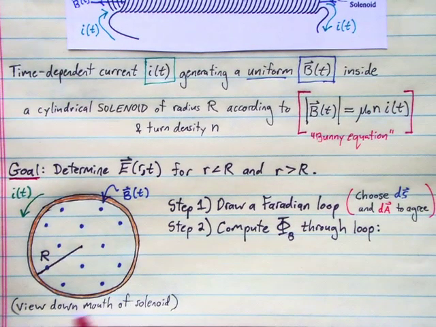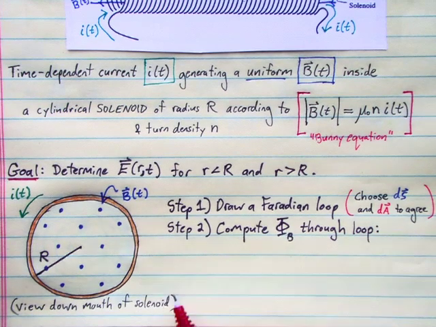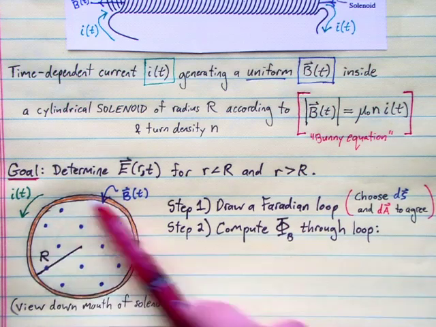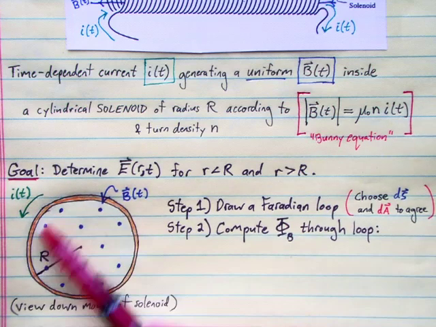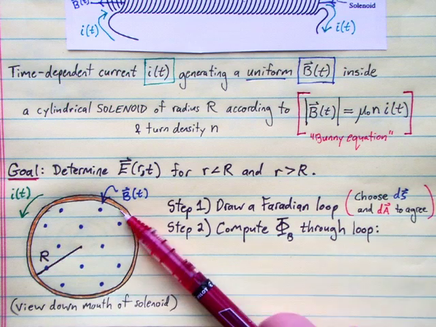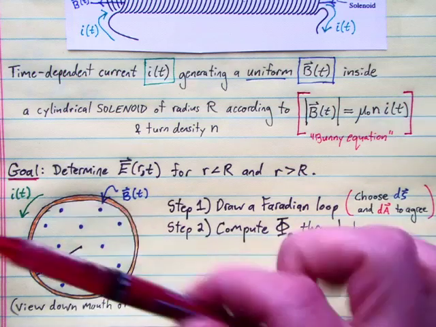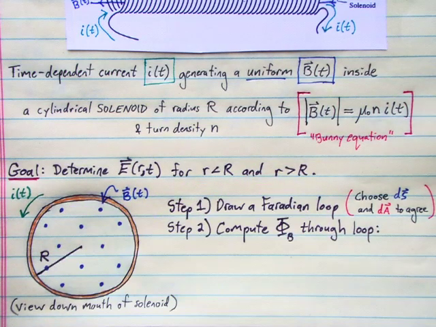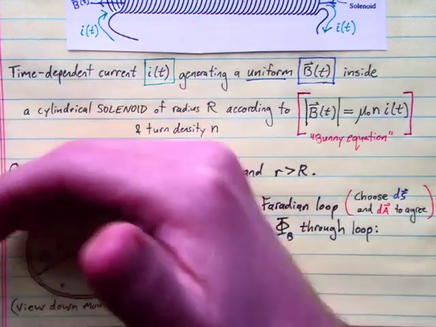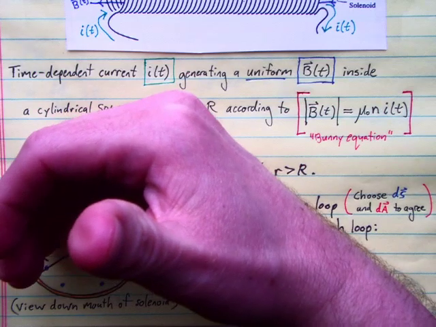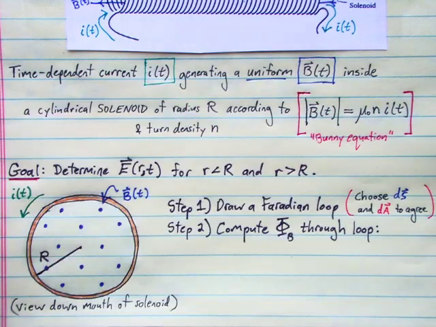Okay, so this is a view down the mouth of the solenoid. We've got this orange copper wire here looping many, many times, and suppose our current is running counterclockwise through that loop, generating a B field pointing out of the page here. So that's according to right-hand rule. Our current looping this way through the solenoid generates a B field pointing, with my thumb, out of the page.